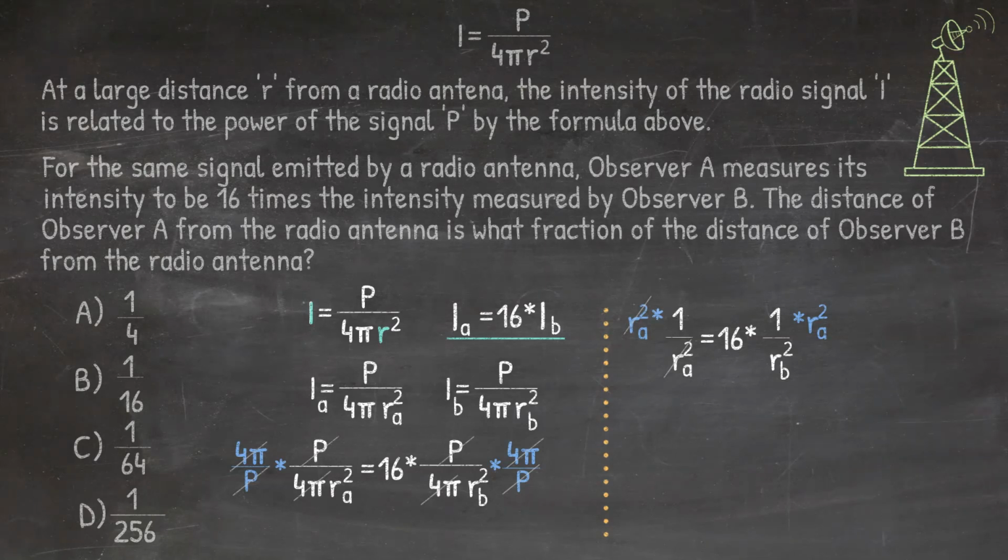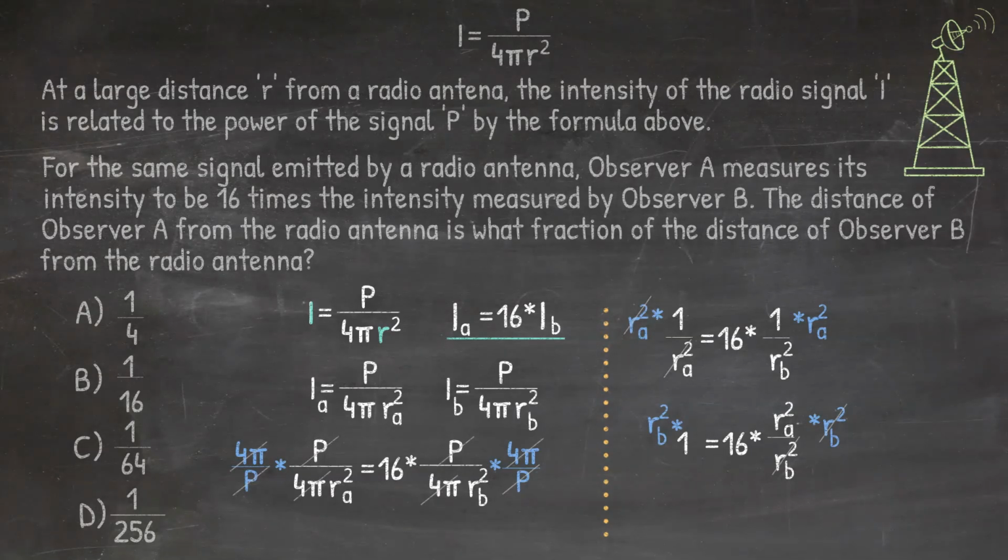So what we get in this case is 1, which is everything that's left on the left side, equals 16 times r A squared in the numerator and r B squared in the denominator. Now let's also do the same for r B squared and try to get it out of the denominator. To do that, we would move it to the left side by multiplying both sides by r B squared. That would cancel it out on the right side, and it would appear on the left side.